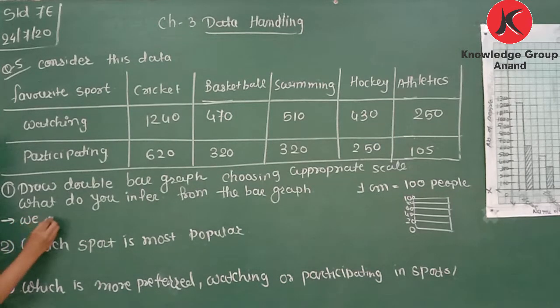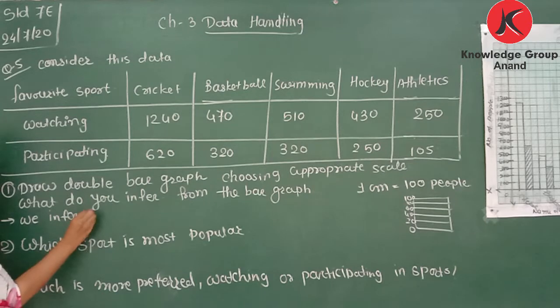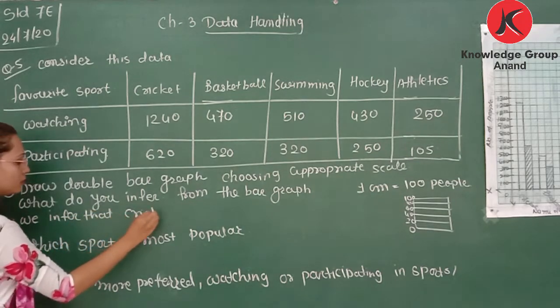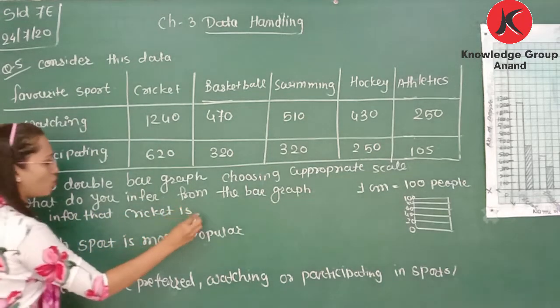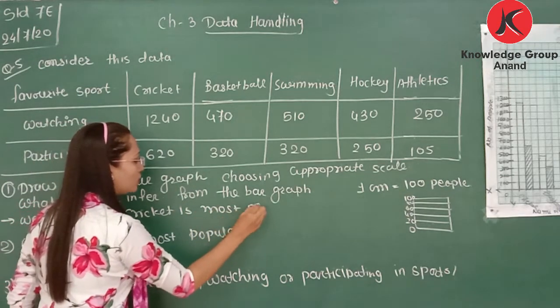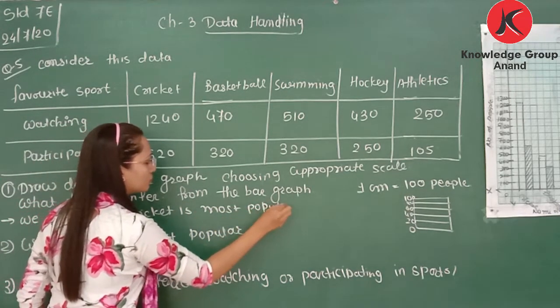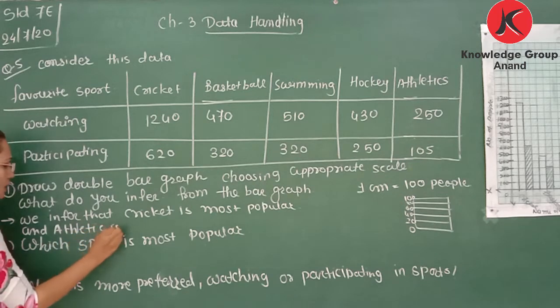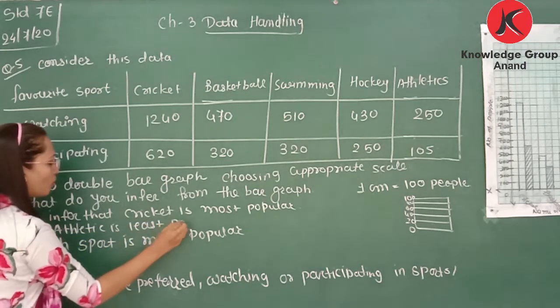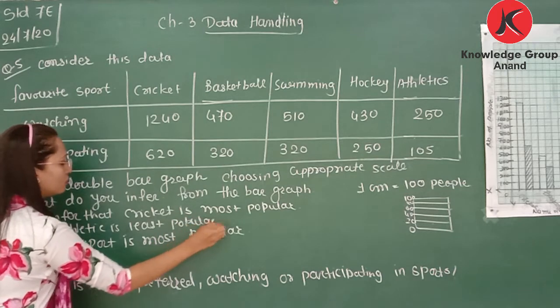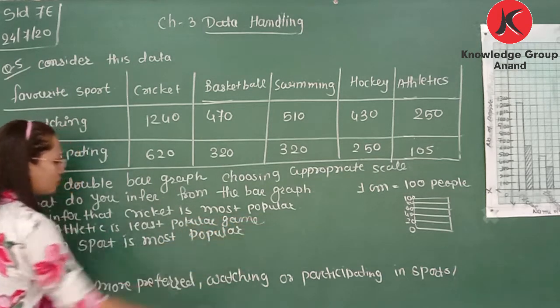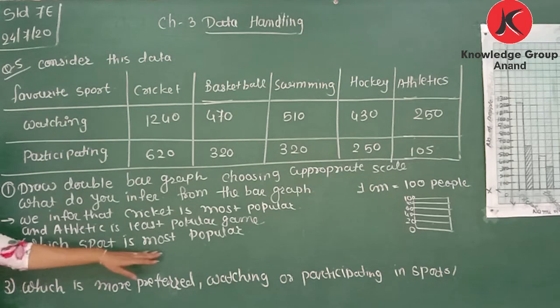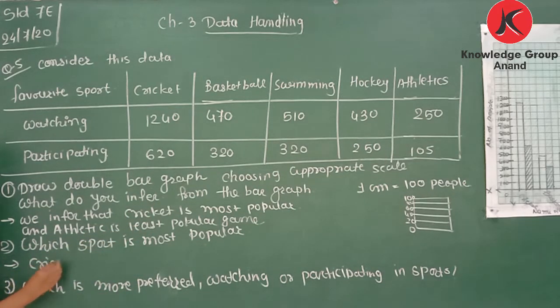We infer that cricket is the most popular and athletics is the least popular game. Next, which sport is most popular? Cricket is the most popular game.